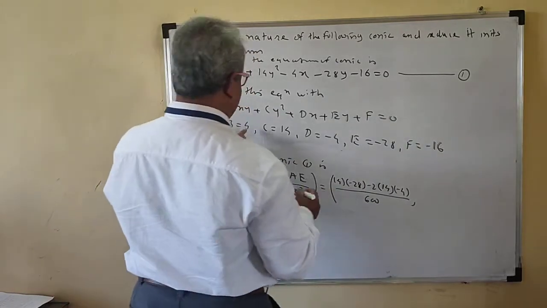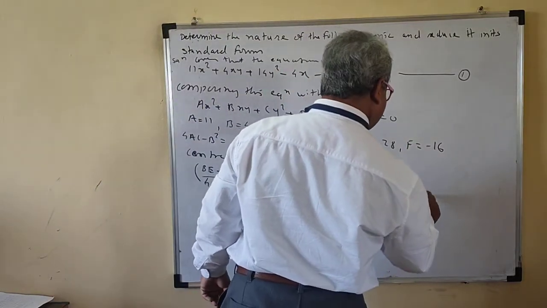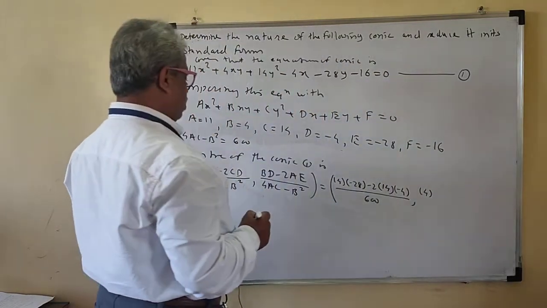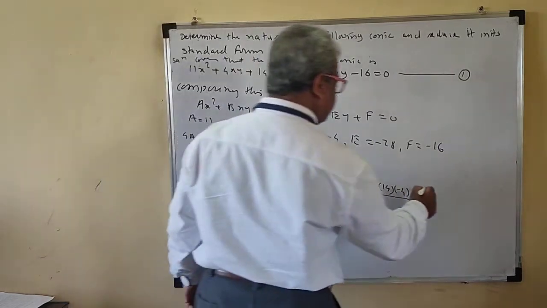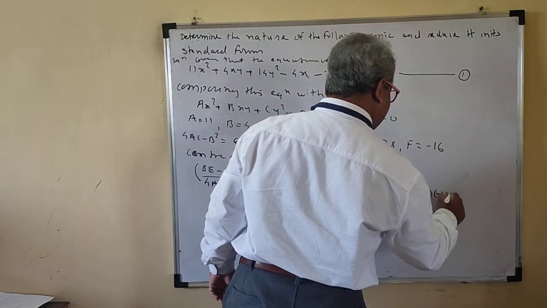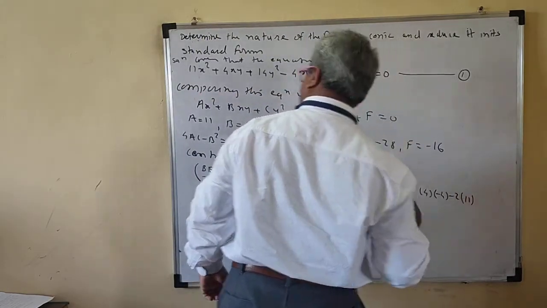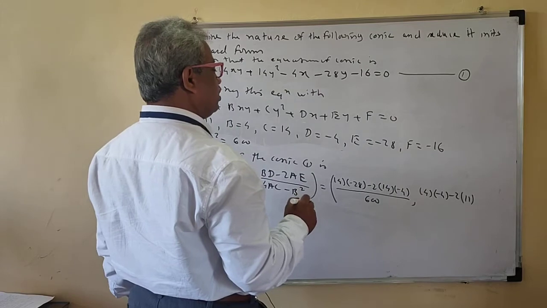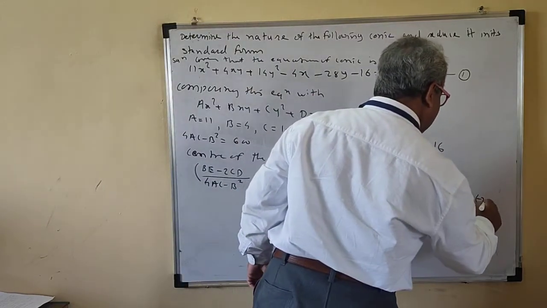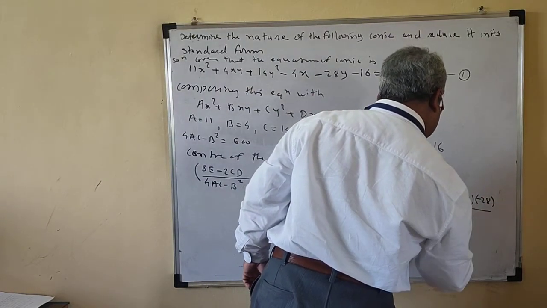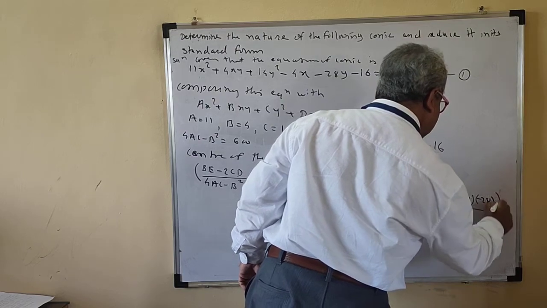Next, bd: your b is 4, d is minus 4, minus twice your a, which is 11, times e, which is minus 28, upon 600.